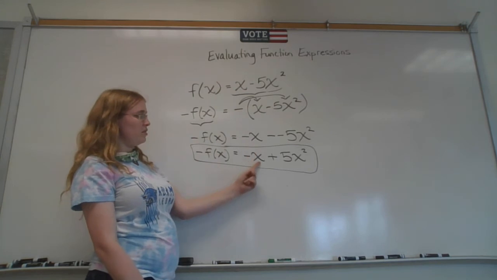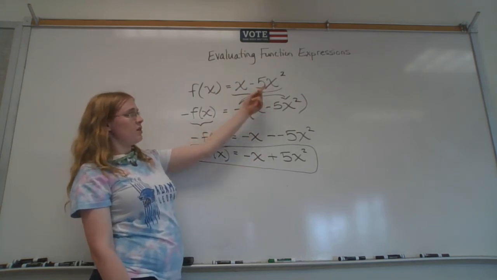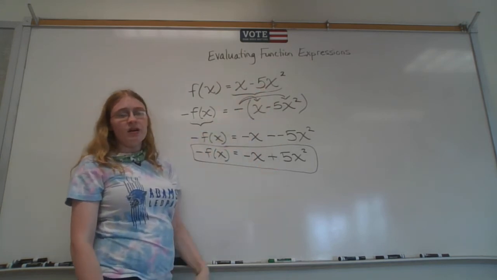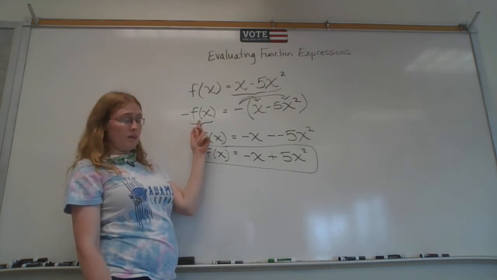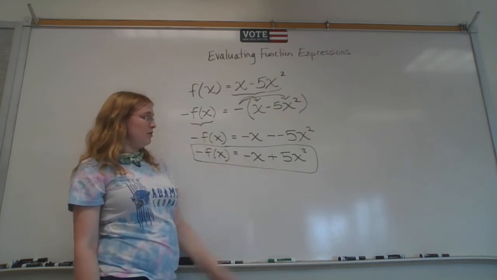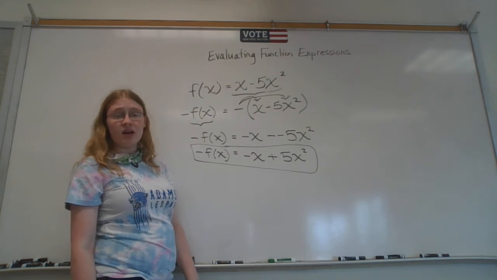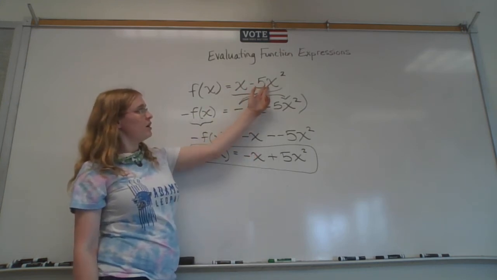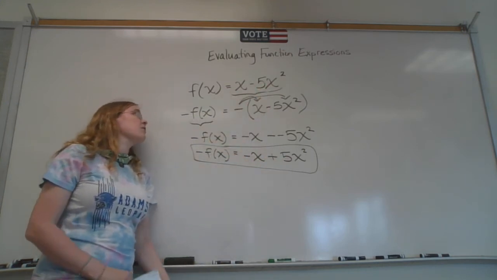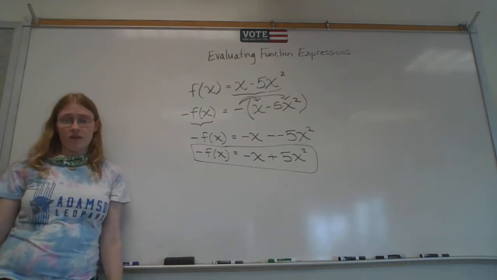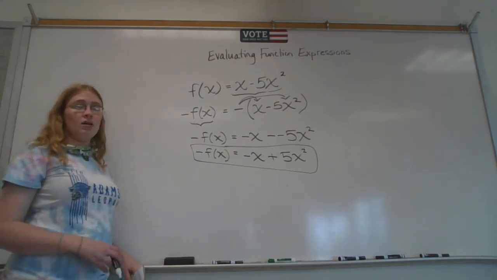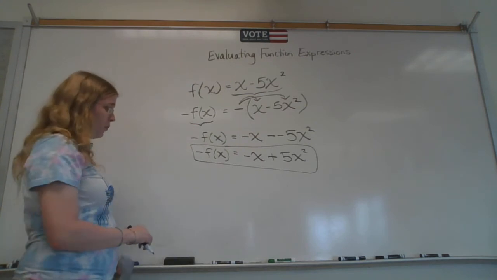The positive x turned to negative x, then minus 5x squared turned to plus 5x squared. Essentially, a negative in front of the whole thing means every term switches signs. Positive went to negative, negative went to positive. So that's what putting a negative in front of the f of x does.